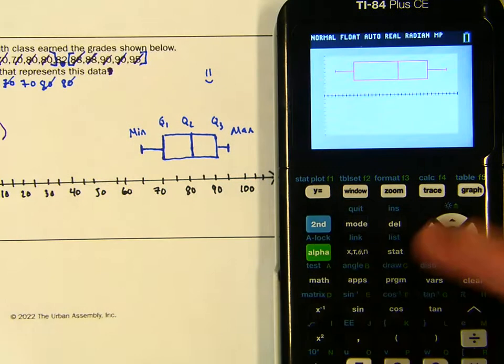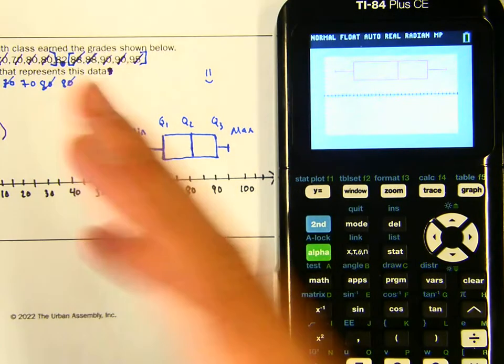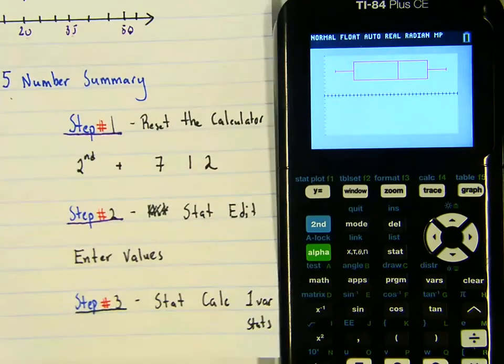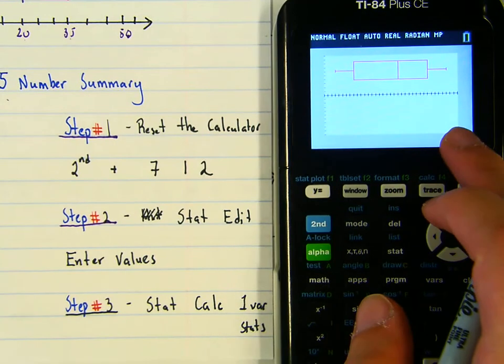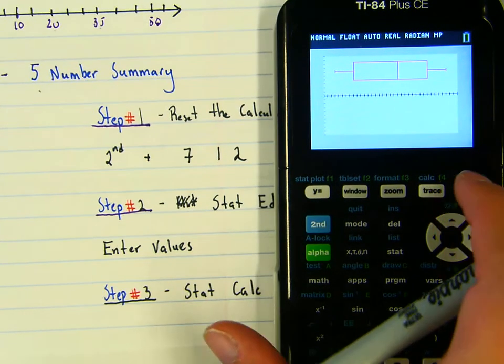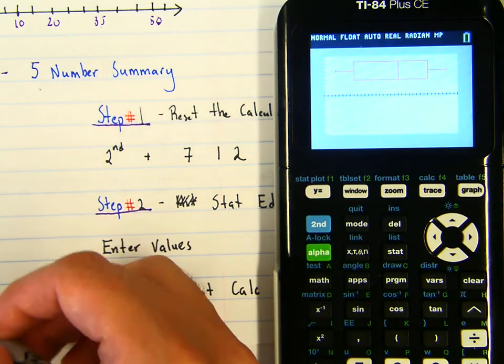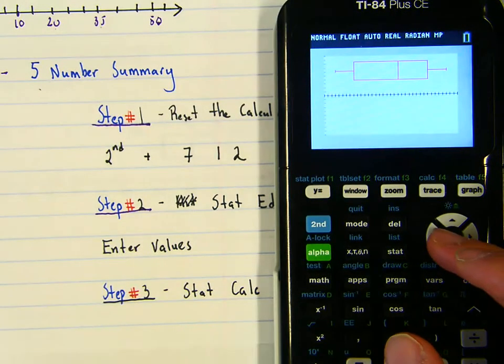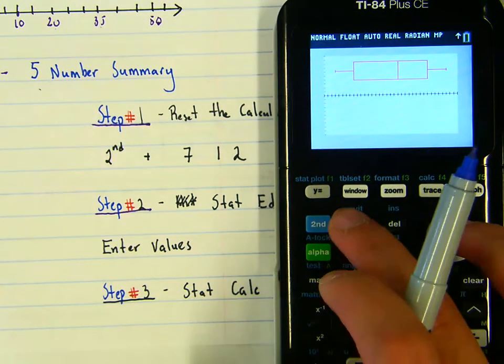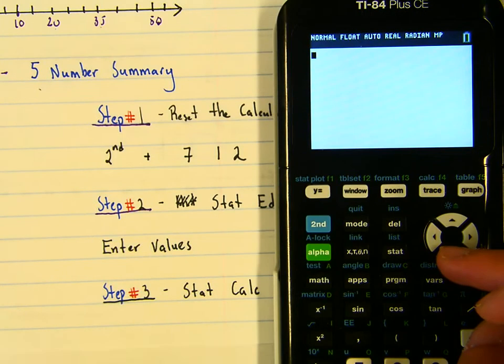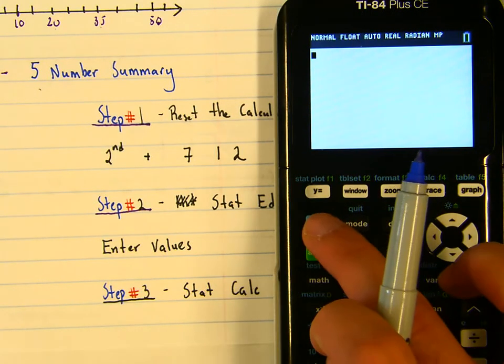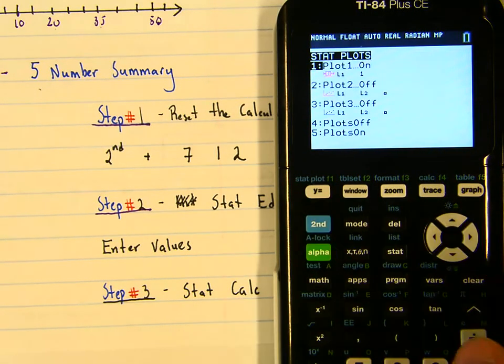What I'd like you to do is rewind. Take good notes. Within your notes, write step 1, step 2, step 3 of how I just did this right now. I'll show it again one more time. Second mode, right? You hit second y equals.